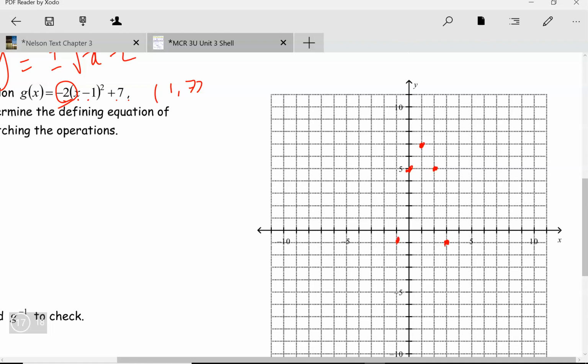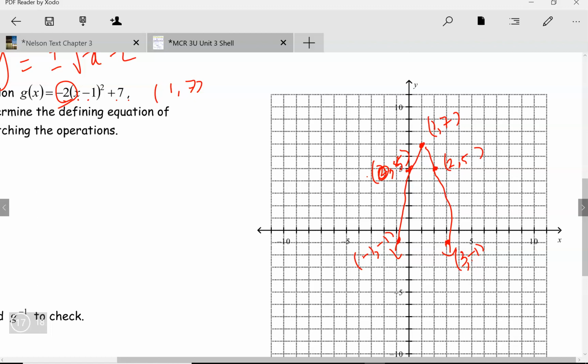Again, a table of values helps here. What I'm interested in really is the points. Here I have (2, 5), (0, 5). Those are symmetrical points. And at -1, I should have (3, -1) and (-1, -1). So I flip all the points.